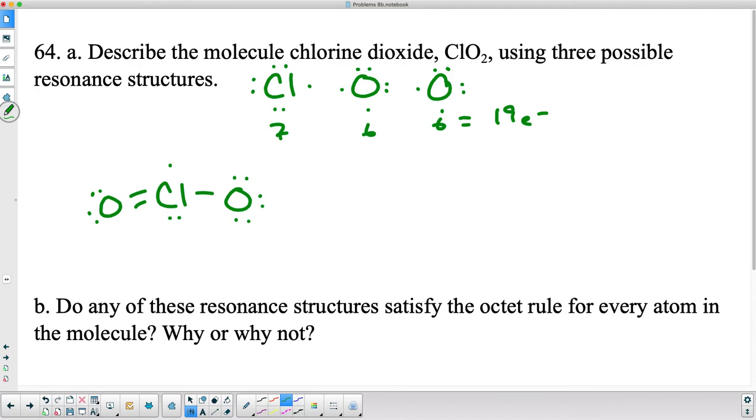You could do that on both sides. Follow along with me: we have 2 coordinate covalent bonds, and then it just depends on where the extra single electron is. Sometimes it's on chlorine, sometimes it's on one of the oxygens, like this.